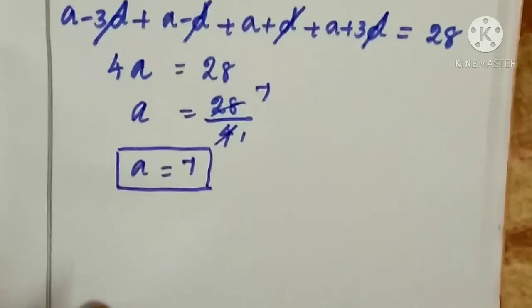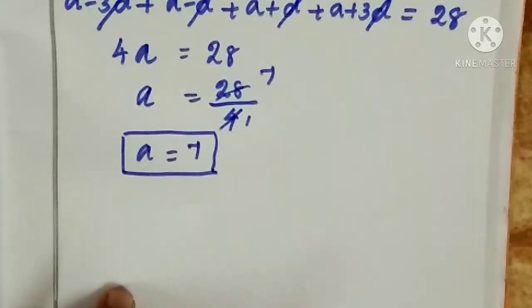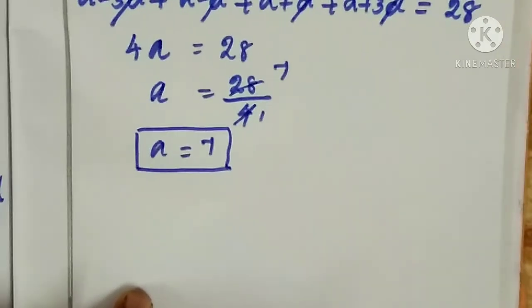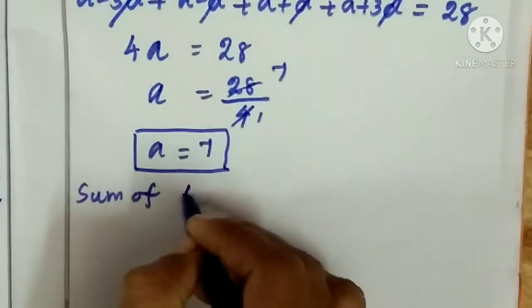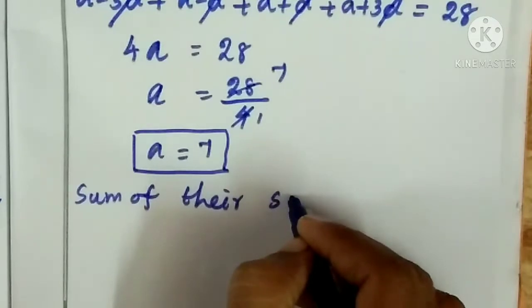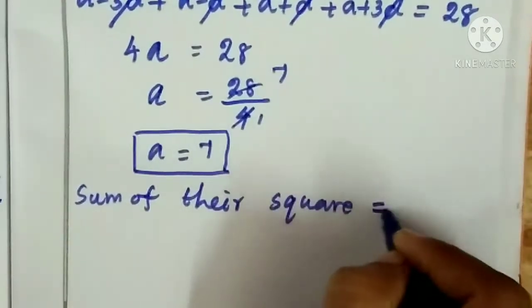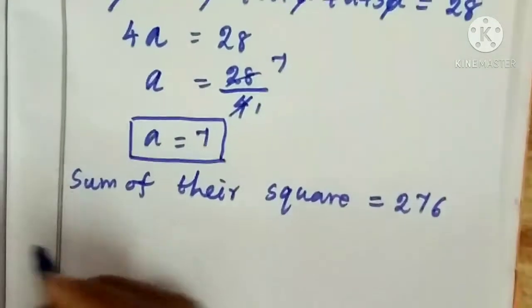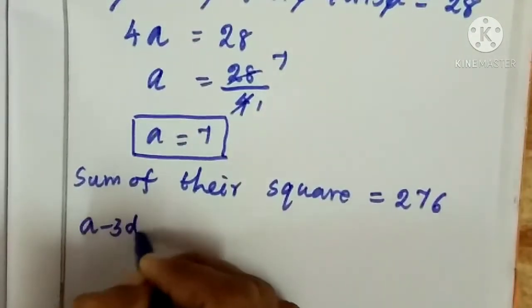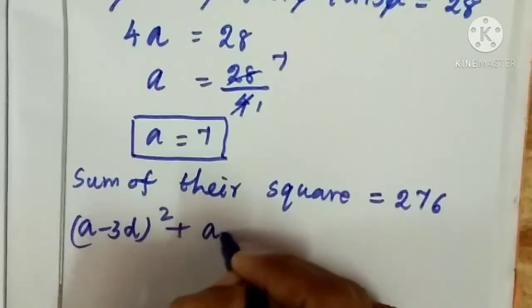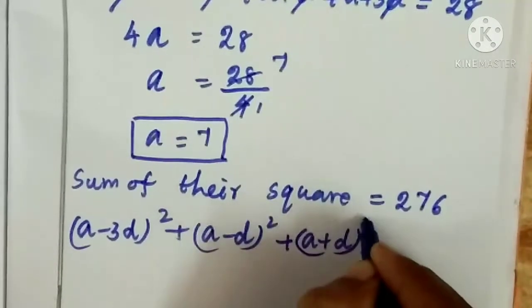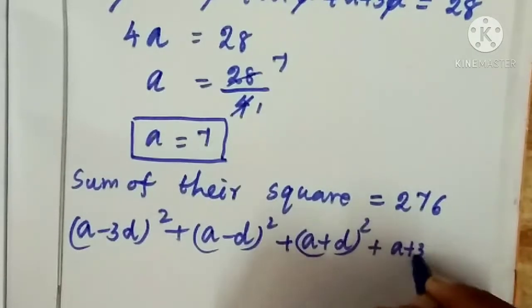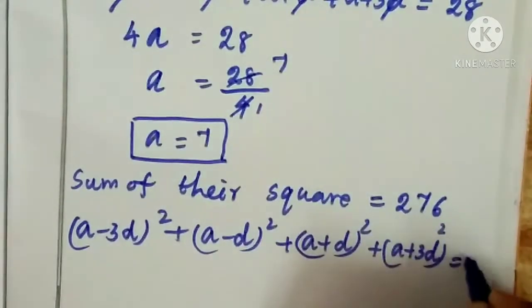Next you have to write the next given, that is the sum of their squares is equal to 276, that is a minus 3d the whole square plus a minus d the whole square plus a plus d the whole square plus a plus 3d the whole square is equal to 276.